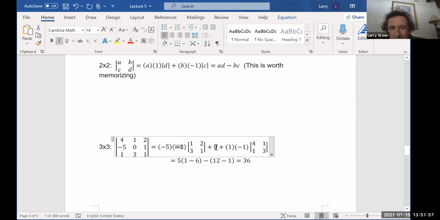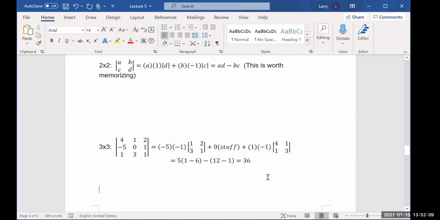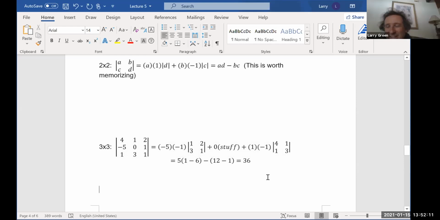I don't see y'all jumping in because it's 0 times stuff. And the key is, I don't care what the stuff is. 0 times stuff is 0. I don't care what the stuff is. So this is why it saves a lot of time to pick a row with zeros in it. Do you see that?